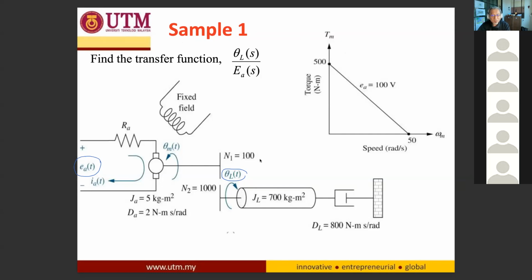The graph is given. Okay. And then what is the viscosity damper for the load? What is the value of the viscosity damper for the load? Sarah. Yes, doctor. 800.